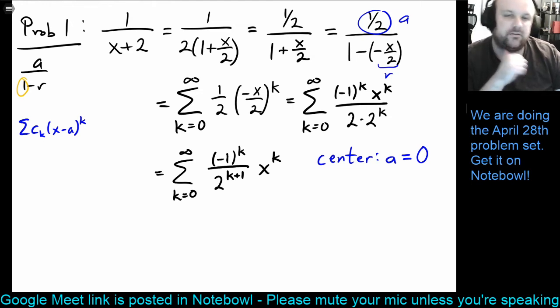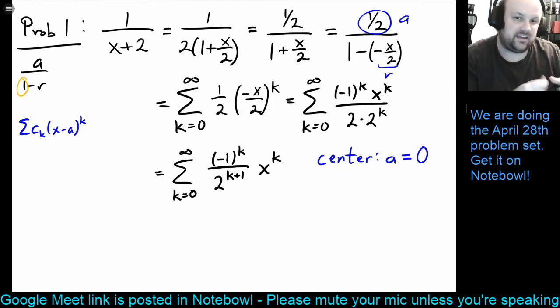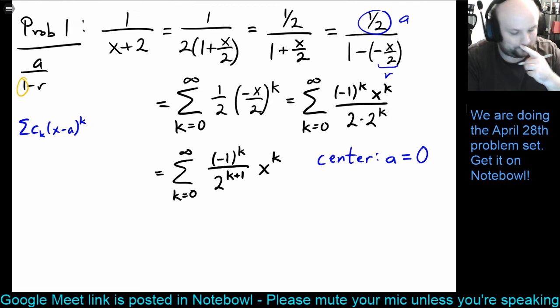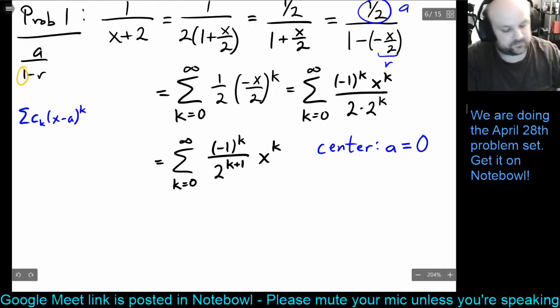So basically, if you only ever have x to the k, or x to whatever power you're dealing with, the center is going to be 0. If you have x minus 4, then the center would be 4. Now, if we use the rules of geometric series, we can see what interval this converges on.